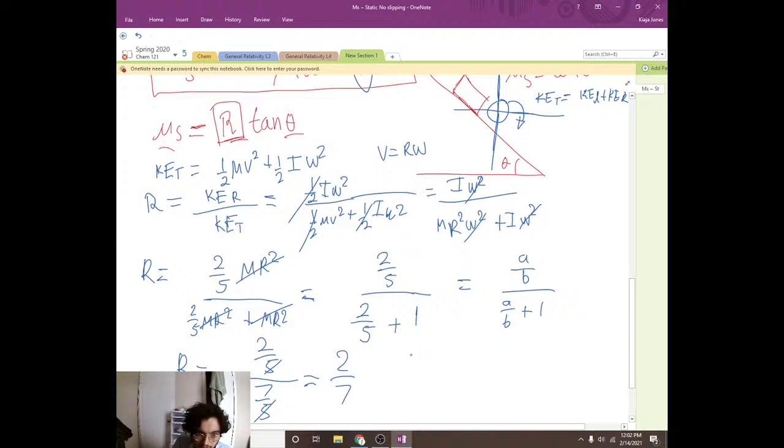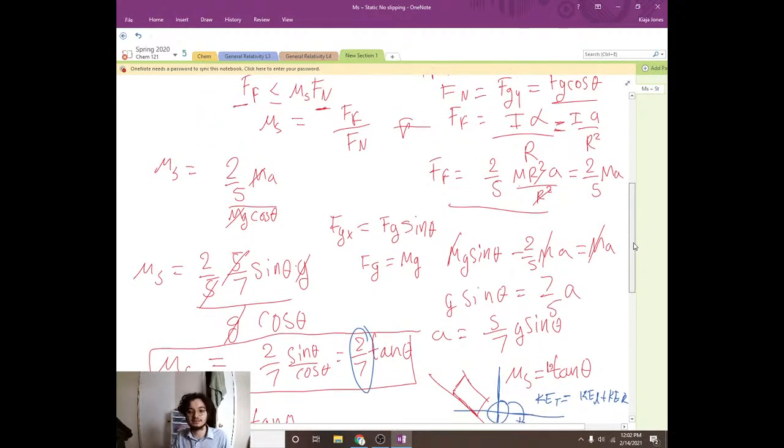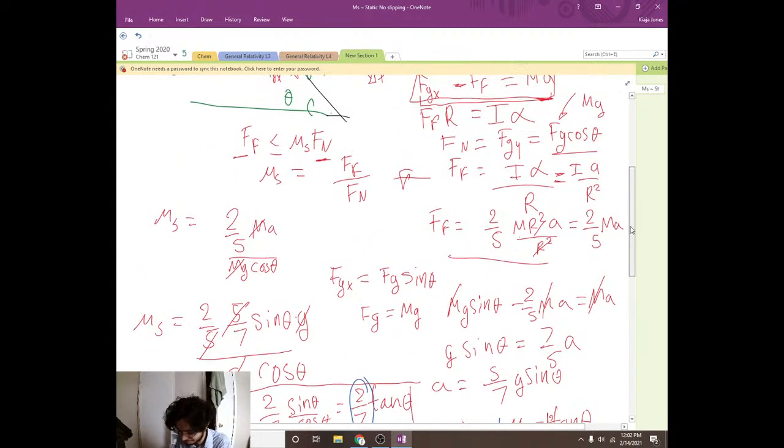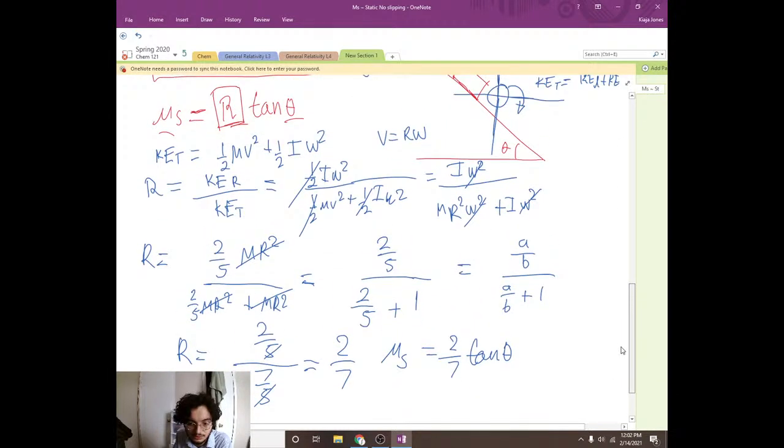And so it turns out that, yeah, it's true. Mu s is 2/7 tangent theta. And that's absolutely true, because we solved it using force analysis, using Newton's second law. And so we can come to a general formula.